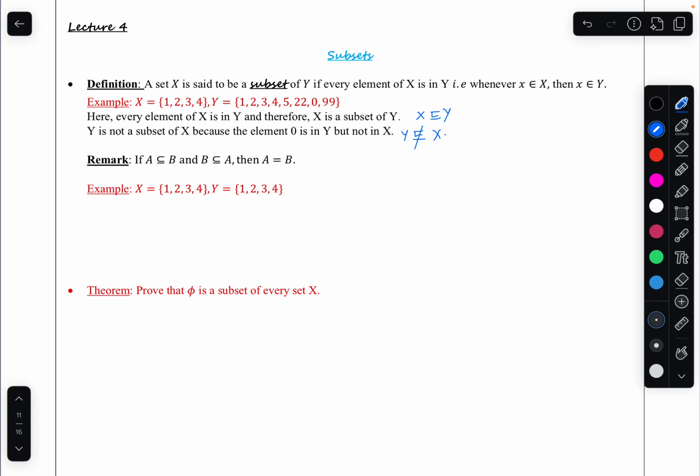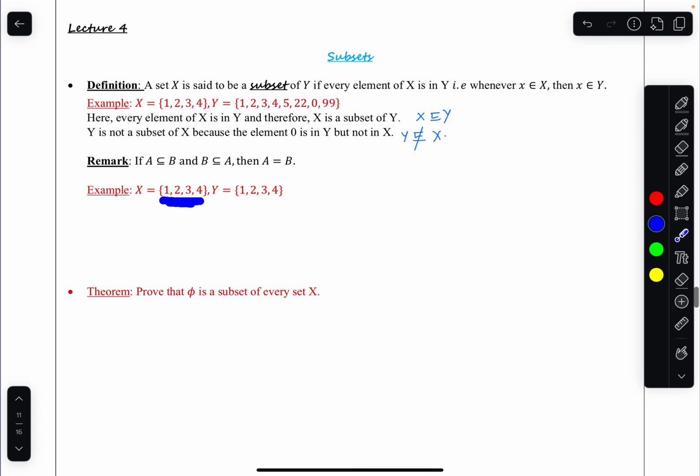Now there is this general remark. If A is a subset of B and at the same time B is a subset of A, then both of them are equal sets. For example, I've taken the sets X and Y here.